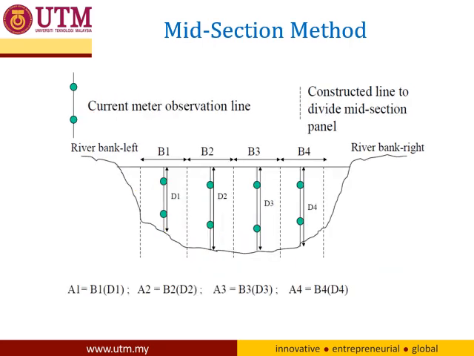To measure the cross section, there are two methods, and one of them is the mid section method. What does mid section mean? How do we calculate the area? For the mid section method, the area is calculated by multiplying this width by this depth, where the depth is in the middle of the segment or subsection.